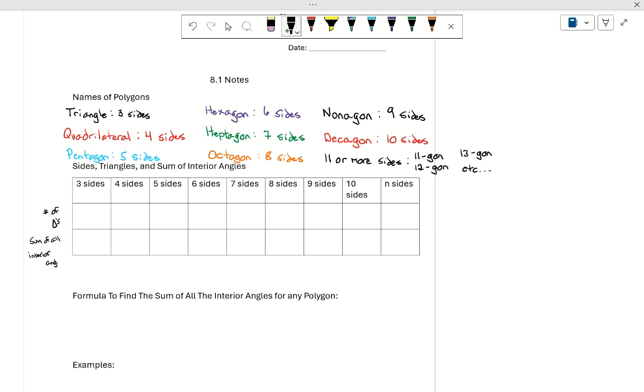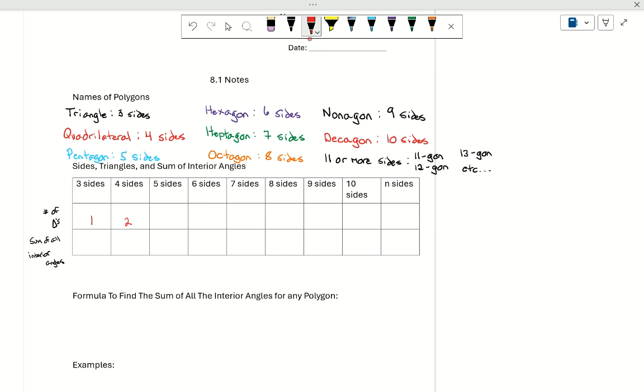Okay, and we're going to build upon what we talked about previously in class. So here's what we learned yesterday: when a shape has three sides, the number of triangles is 1. When a shape has four sides, the number of triangles we were able to create was 2 triangles inside that four-sided shape.